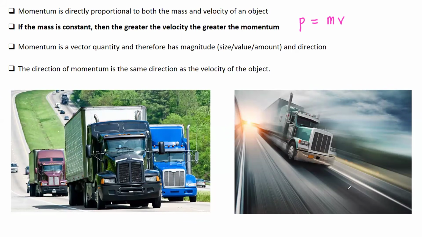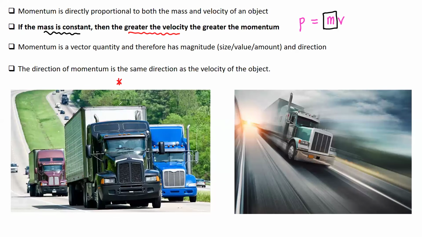In most of your questions, if not all of your questions for grade 12, the mass of the object is assumed to remain constant. So the mass is constant. So the only factor that would increase the momentum is a greater velocity. See, I put this diagram. This is a truck.